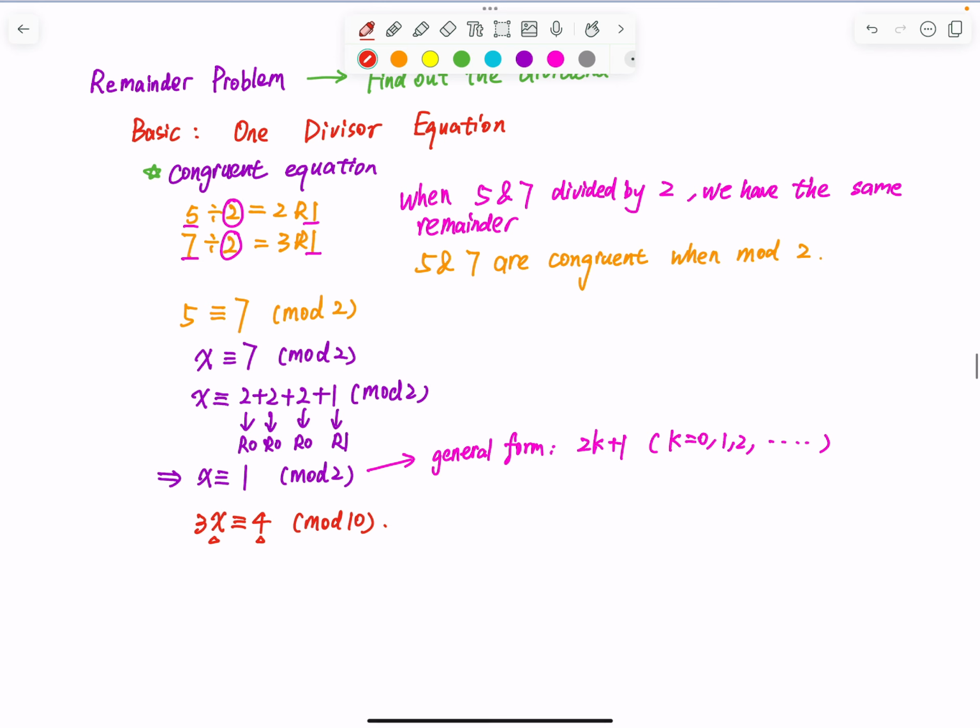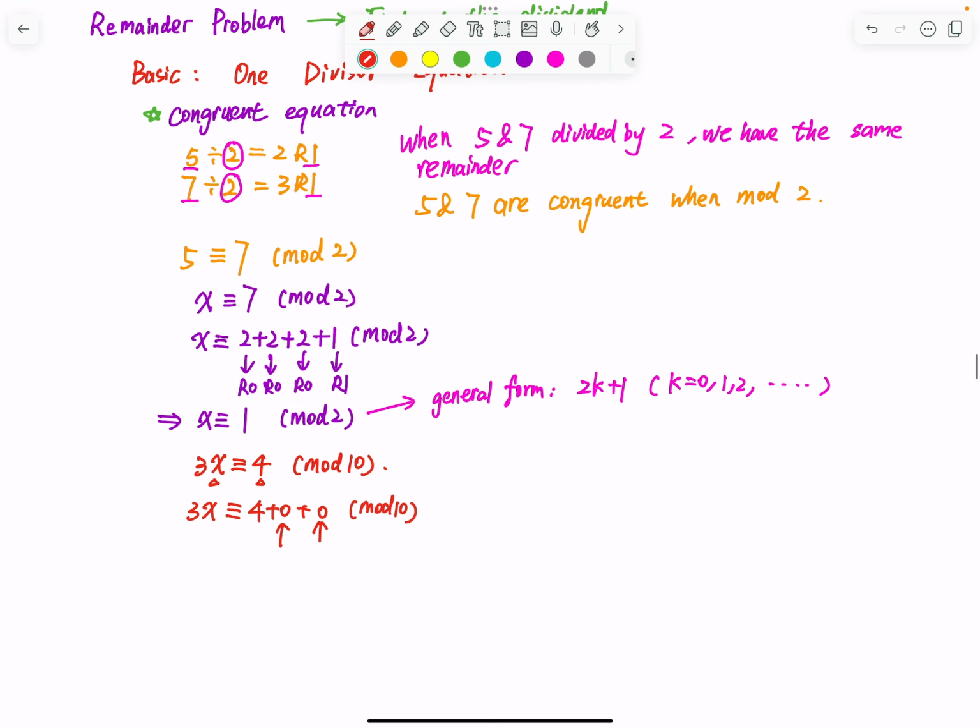But we can have a try. 3x has the same remainder as 4 plus 0 plus 0 if I mod 10, because any number divisible by 10 has remainder 0. So 3x has the same remainder as 4 plus 10 plus 10 if I mod 10.